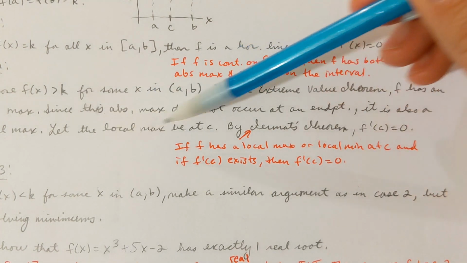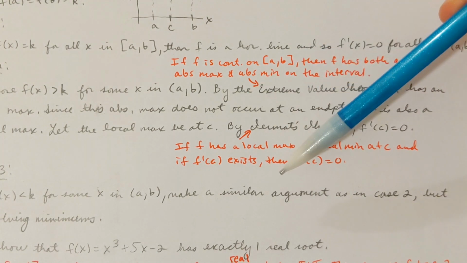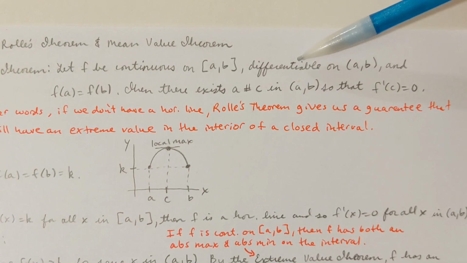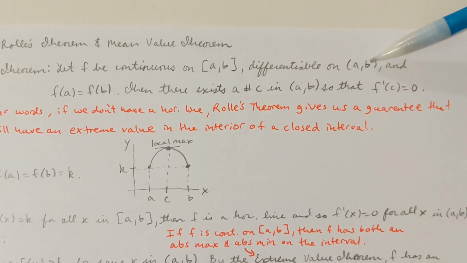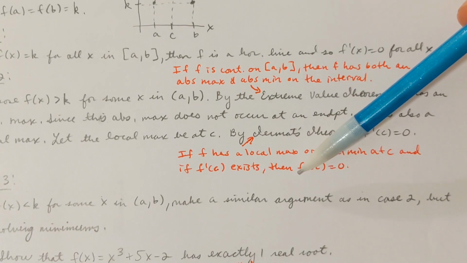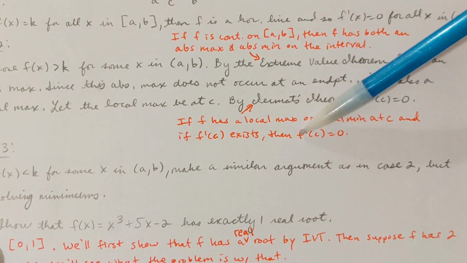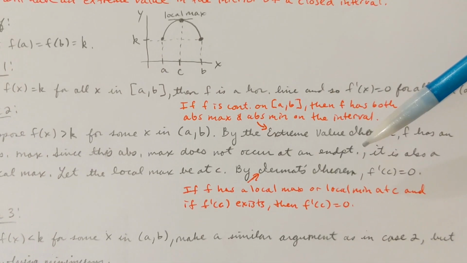Well, we have a local max at c, and we know that f'(c) exists since f is differentiable on the open interval (a,b). So I can take a derivative anywhere between a and b. f'(c) exists, therefore f'(c) has to be 0.